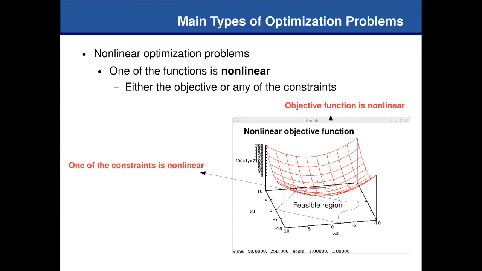This nonlinearity of my objective function and this nonlinearity of my third constraint makes this problem more difficult. I can assure you that it takes more effort to solve this problem. We need a different tool set to find a solution. It's not that easy, you know.